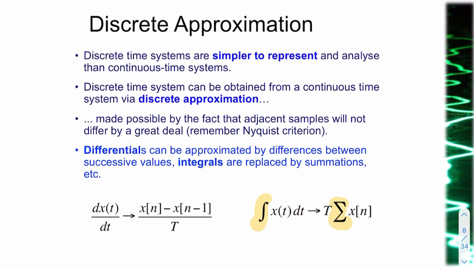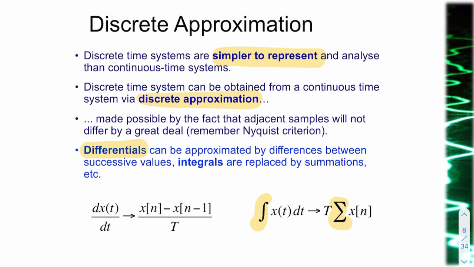I said lectures 10 and 11 will be easier, and part of the reason is because we're using simpler tools. We won't be using integrations. So we'll be introducing a discrete approximation. In particular, we'll be looking at differentials, and we'll be approximating these using successive differences.